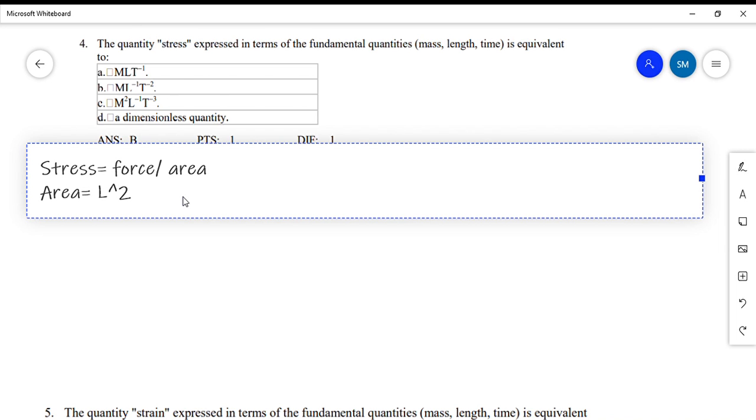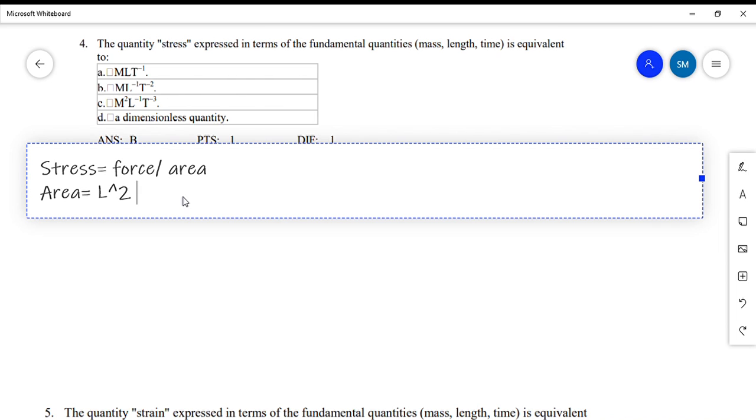How? When you want to find the area of any shape, for example, the area of a square is equal to the length times the length, which is L square. The area of a rectangle is equal to the width times the length.